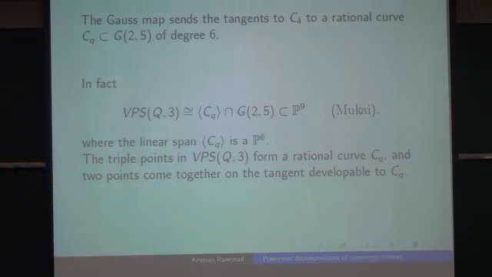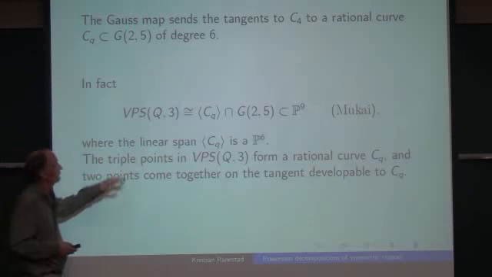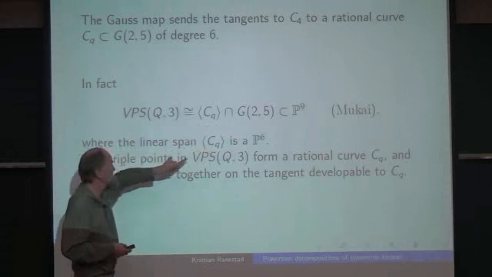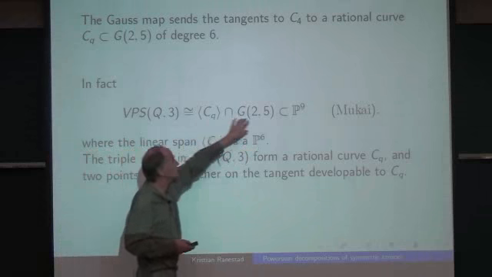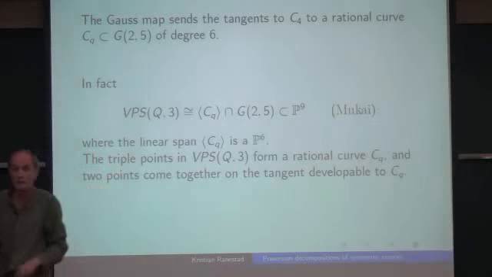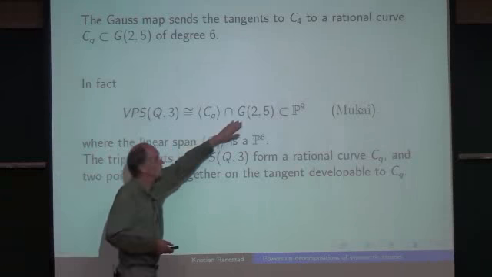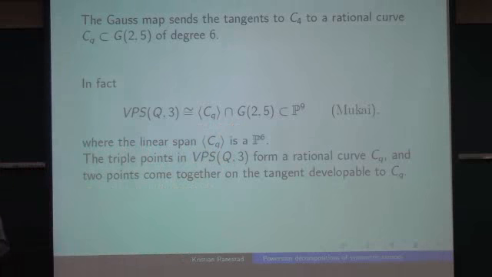And the result is that if you look at the Grassmannian G25 and look at the linear span of that curve, that is actually a P6, and the intersection of these two is exactly our 3-dimensional variety of polar triangles. And this was shown by Mukai in the late 80s. So I wanted to go through the details of this here because this is where there is some.